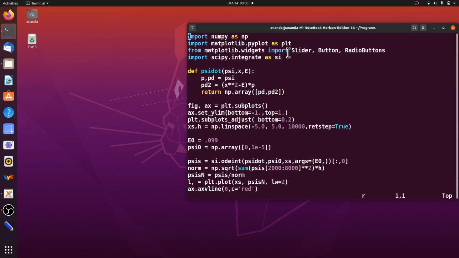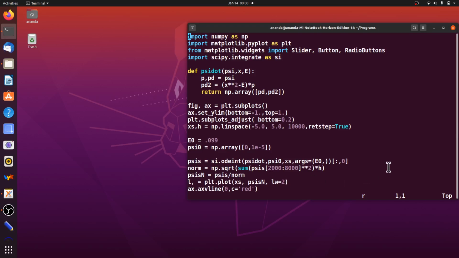It's going to be at some large negative value, let's say minus 5. And then we are going to try to integrate this differential equation to find out the wave function not at plus infinity, which is what you really should be doing, but at plus 5, let's say. Well, 5 is just a convenient number I have chosen for this code. I could change this, make it larger and get a more accurate result perhaps.